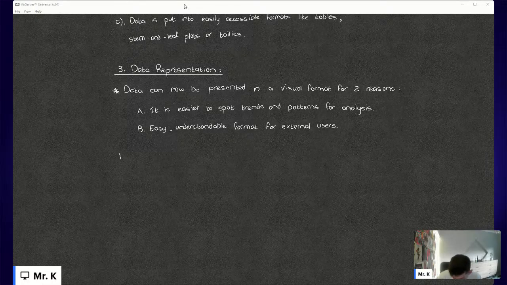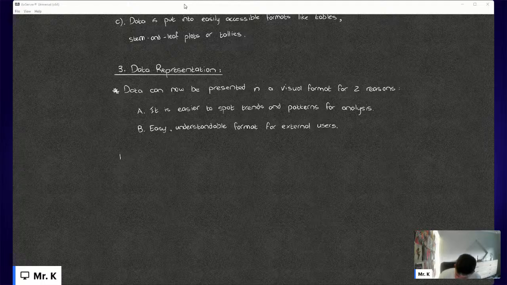So what are our data representation formats, the different visual styles that we can display information in?